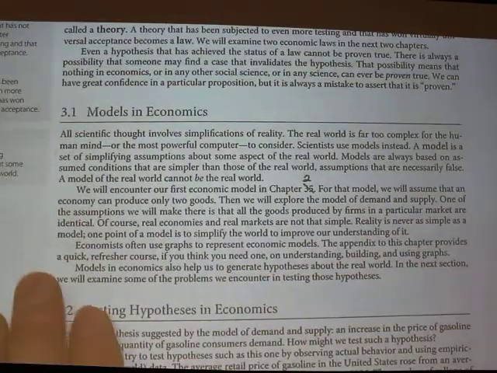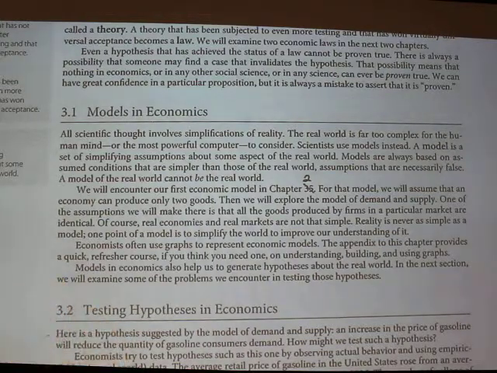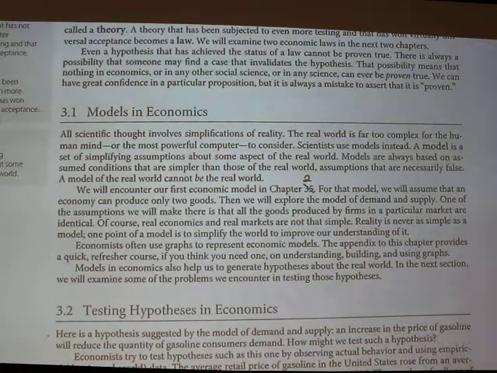Well, we did talk about models in the last lecture, and it's true that other types of scientists use models or think about the world through the lens of models, but among social scientists, probably none of them use models as much as economists. And so why do economists use models?